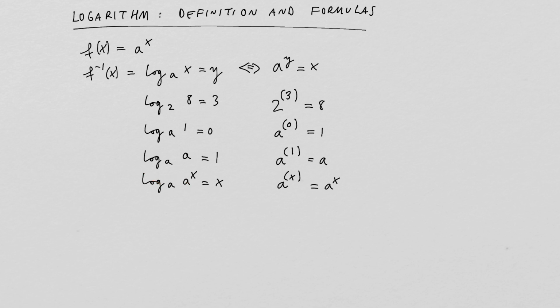Similarly, we can study that. How about if we take a to power logarithm of x? Can we cancel out the things here to obtain x? Let's study this equation. Let's take a logarithm of base a on both sides.